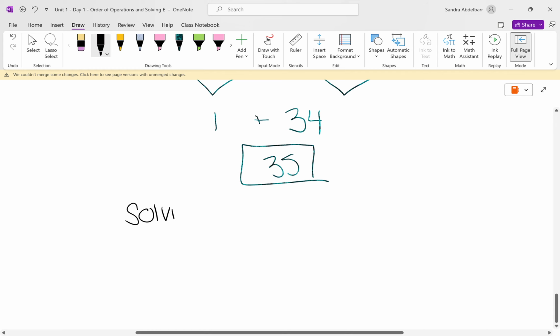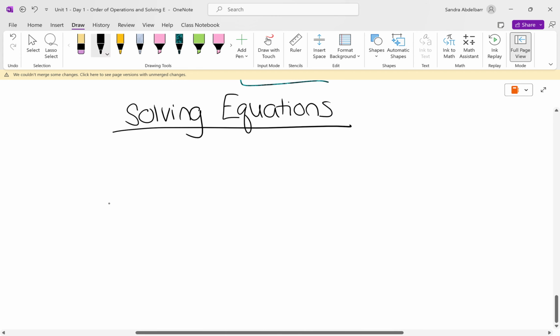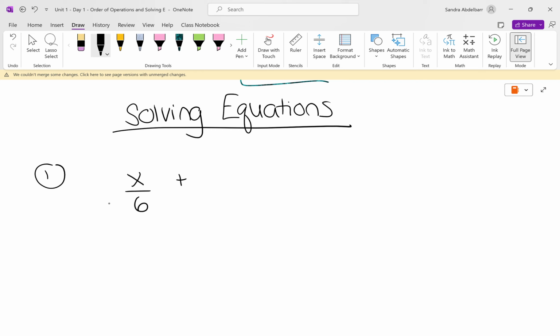So now we're talking about solving equations. I'm actually going to change the problem I have because I don't like that problem.